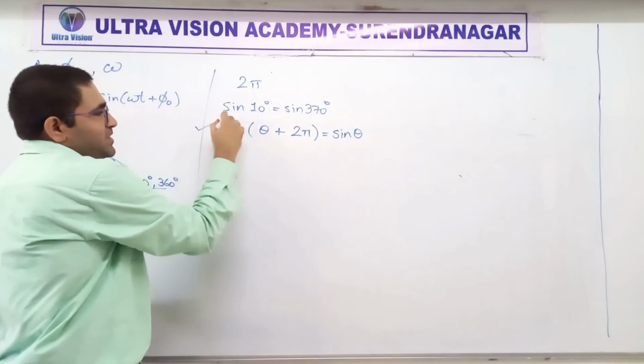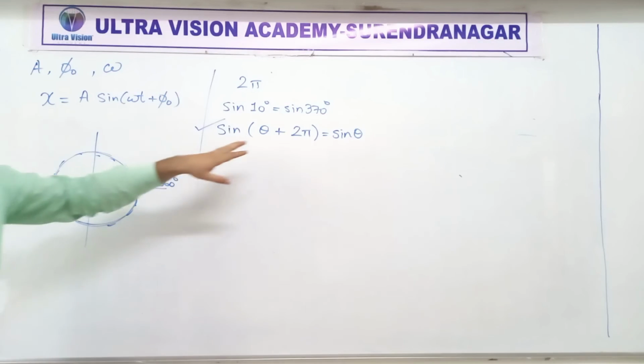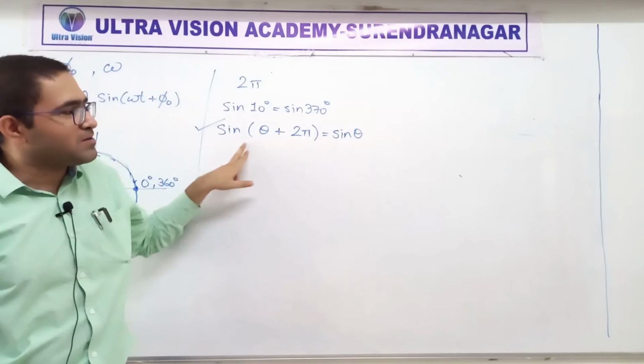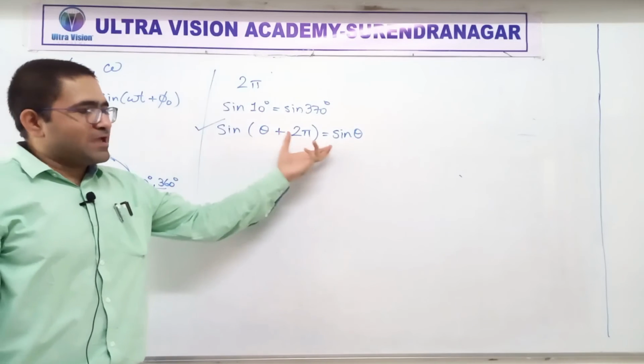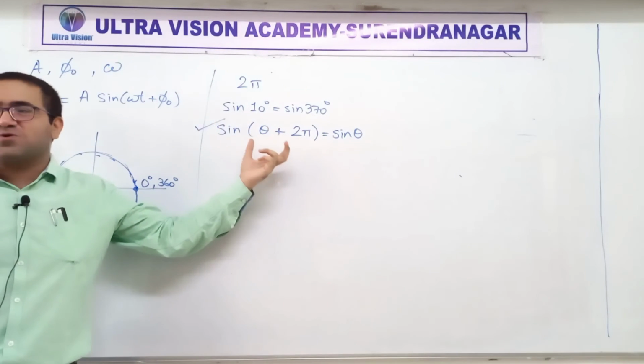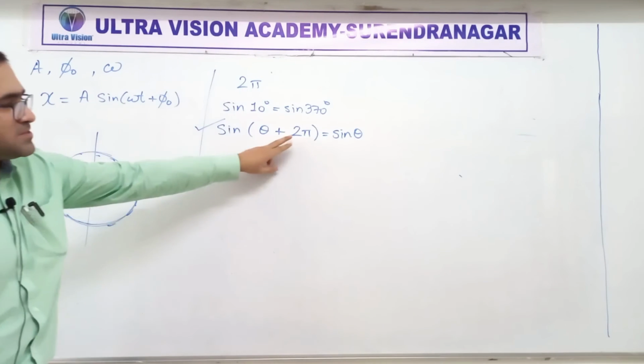Did you understand this equation? Math students, of course, I am not asking you. If you don't understand this, you wouldn't be here. Okay, is it clear that adding 2 pi will not make any difference to the value, right? Okay, so this is what we are going to use to understand what is omega.